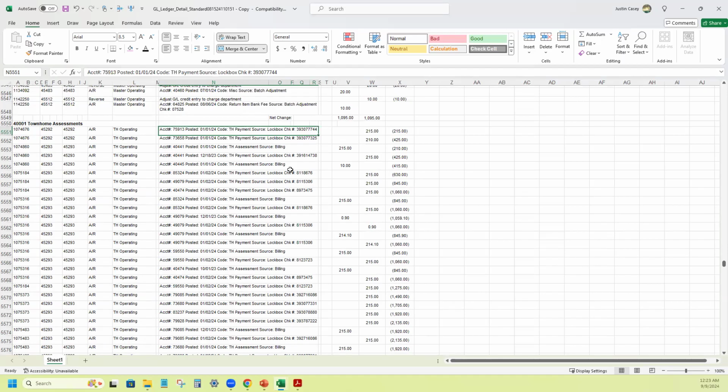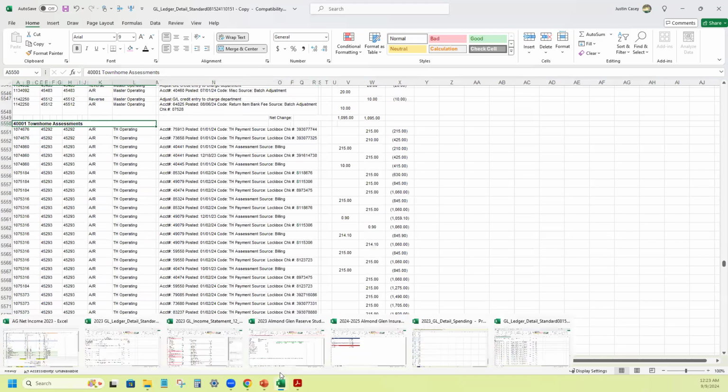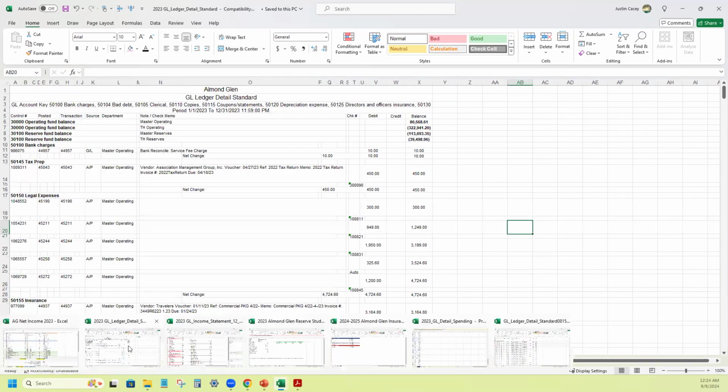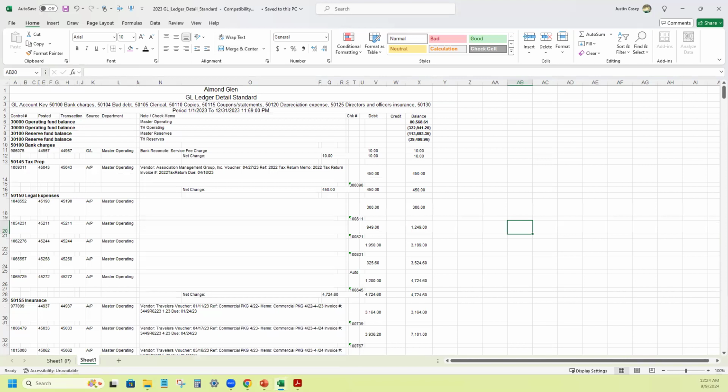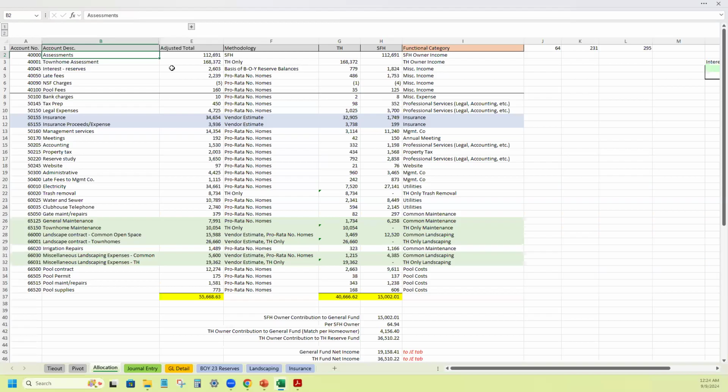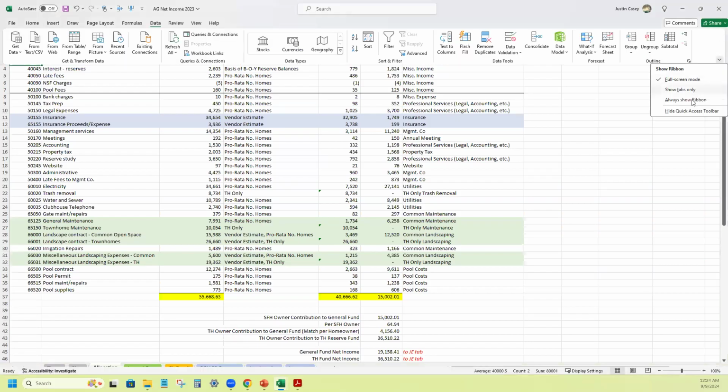So a townhome owner contributing to the community gets coded as a townhome payment source and gets coded to account 4001. And that's how we have reliance on the single family home or townhome only assessments rows, which are really the most important rows in the file.